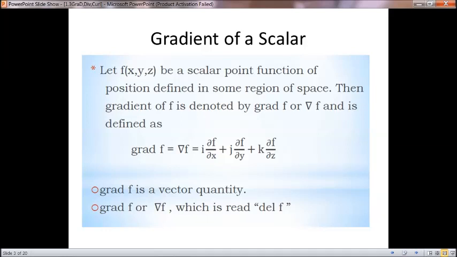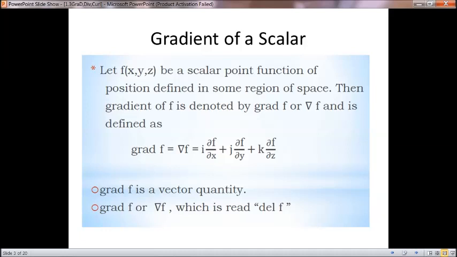If you point out one particular point over space, that particular point has to be magnified. Magnified means the amplitude has to be found at that point, but that point projected in space needs its position. To find its position you have to see what the coordinate is. The coordinate has to be considered based on x, y, z.